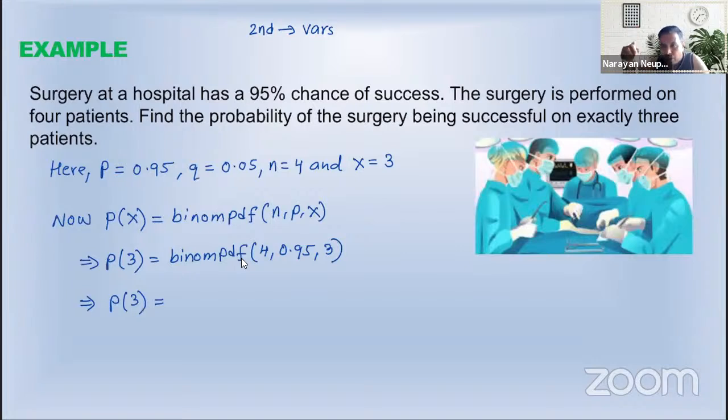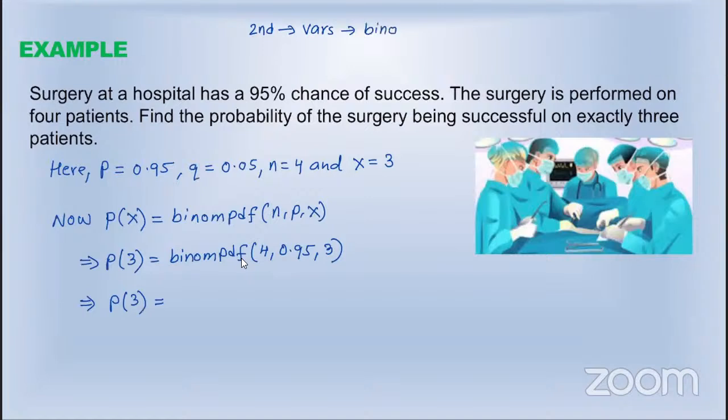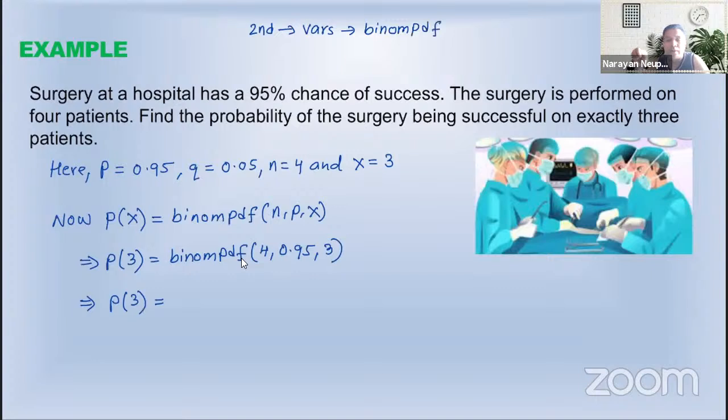If you look all the way down, there is a downward arrow. That means if you keep scrolling down, you should see binomial PDF. Do you see binomial PDF when you scroll down?